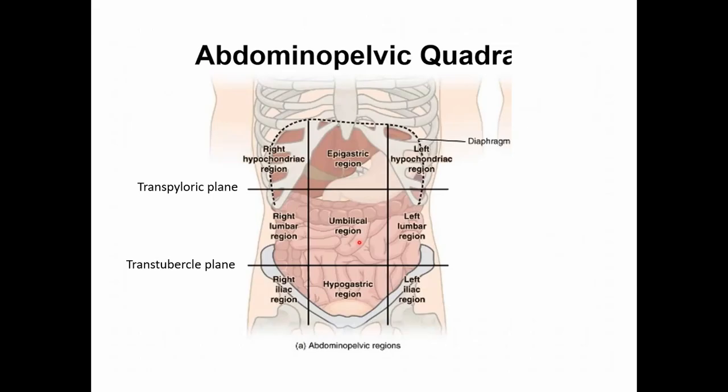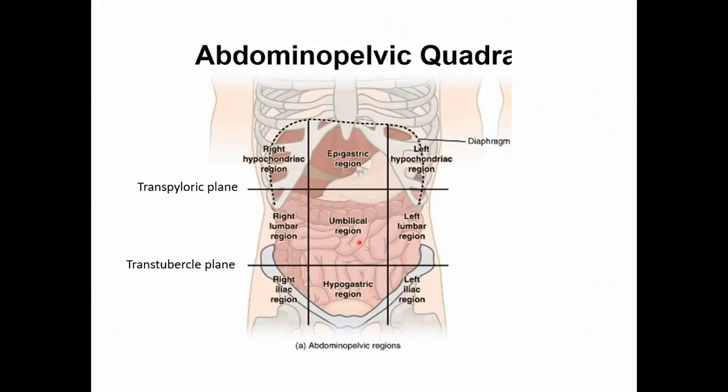After these four lines, the abdominal cavity is divided into nine regions: the right hypochondriac region, epigastric region, left hypochondriac region, right lumbar region, umbilical region, left lumbar, as well as right iliac, hypogastric, and the left iliac region.